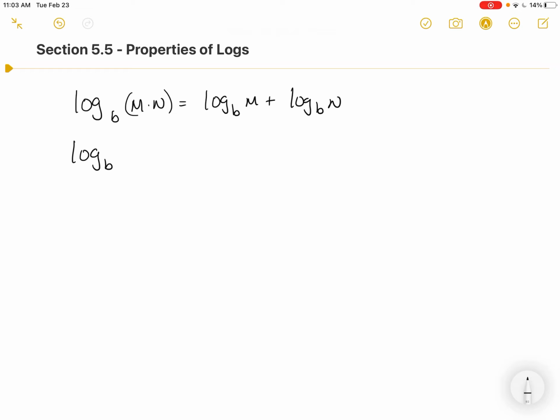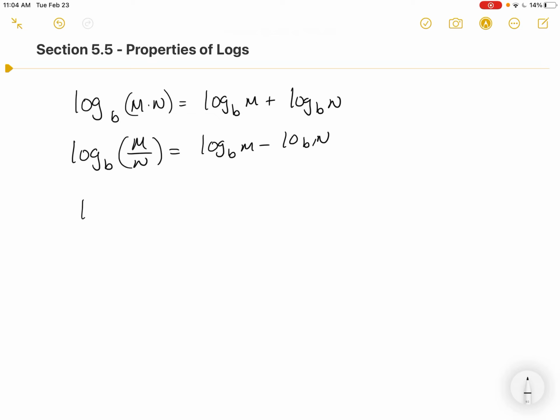And essentially these are coming from the exponent laws, right? They're proved in the book, but they're easily proved. If you divide two things, then you subtract their exponents. Remember, these logs are just exponents. So basically you're saying log of a product is the sum of the exponents, and the exponent here is the subtraction because of the division.